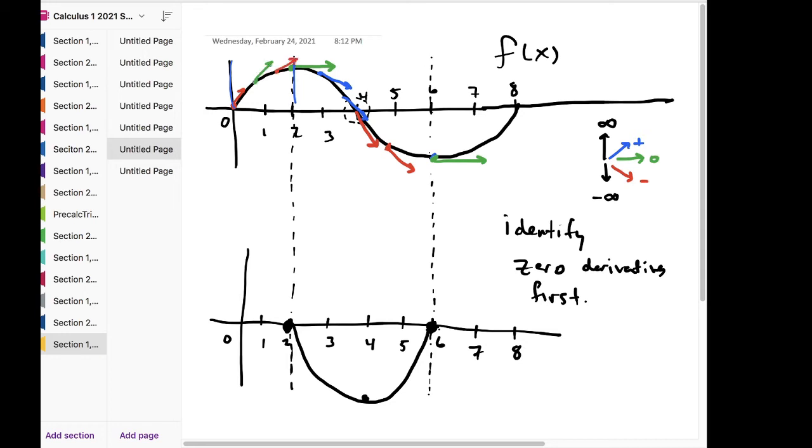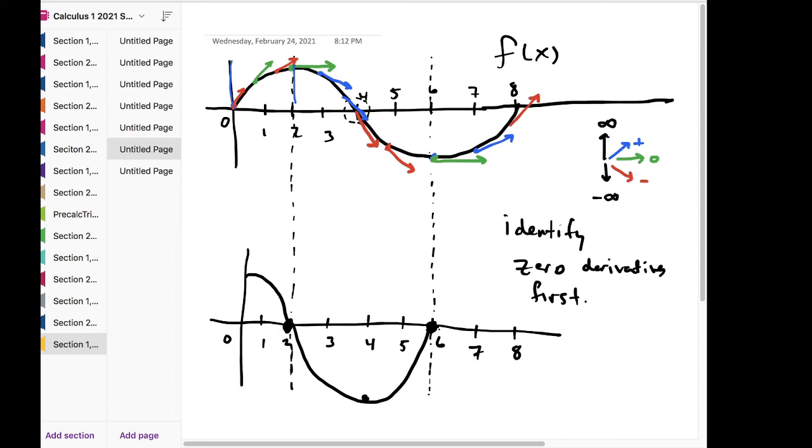Positive. Right, and you notice as you get closer to the peak of the mountain, it starts to get flatter. And in this region here, from 6 to 8, is it positive or negative? It's positive, right?